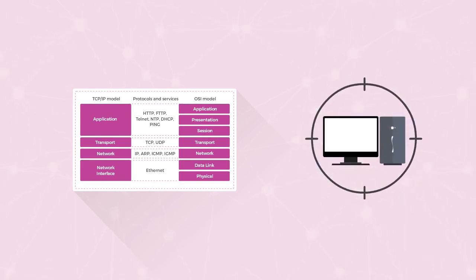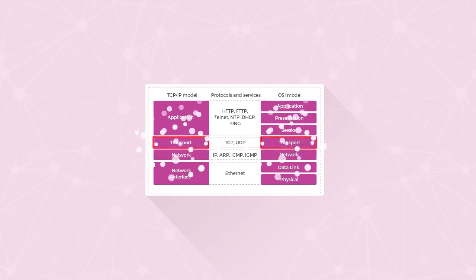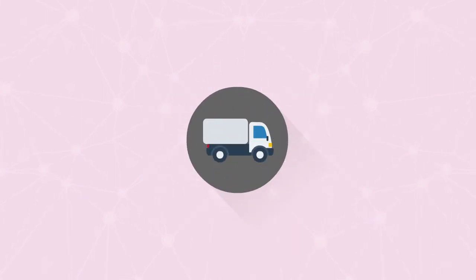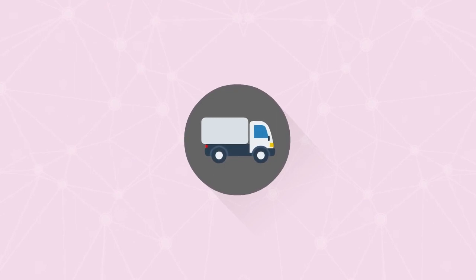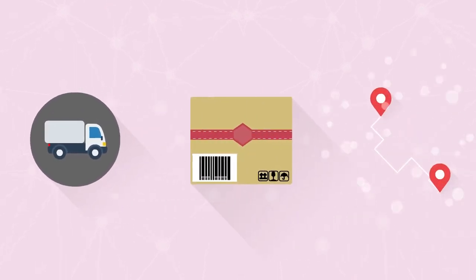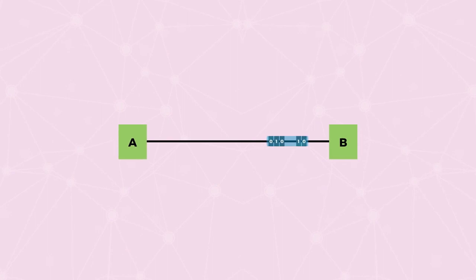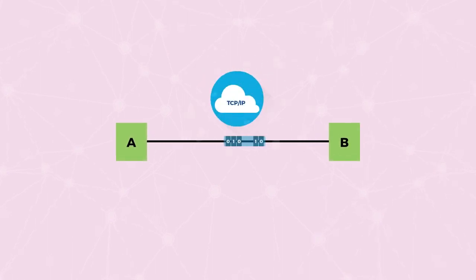So again, we'll clarify that a little bit more later on, but you do see in both models there is a transport layer. And as mentioned with the courier analogy, you have to move a package with a courier from one place to another. So it is the transport layer that is responsible for moving packets from one place to another in terms of network communications. And TCP resides in that layer.